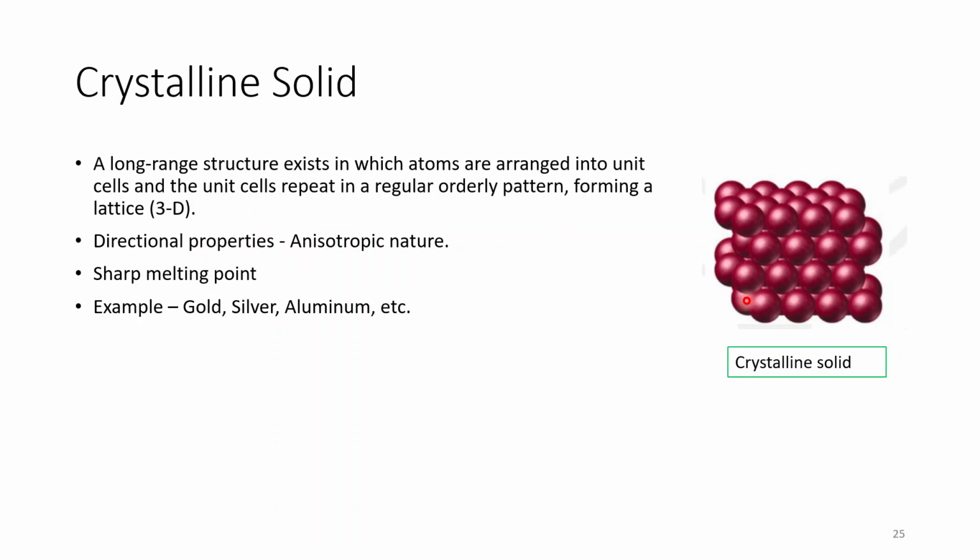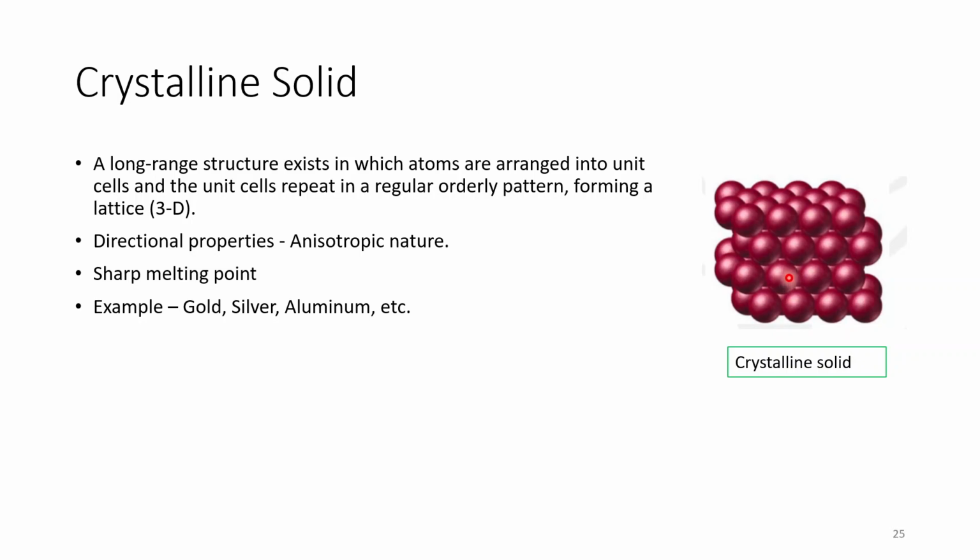Now because of this type of structure, it will have directional properties. For example, if you are looking in this direction versus in this direction, the packing density will be different in both these directions. That's why mechanical properties will be different in these directions.